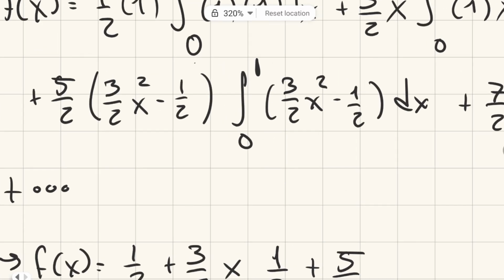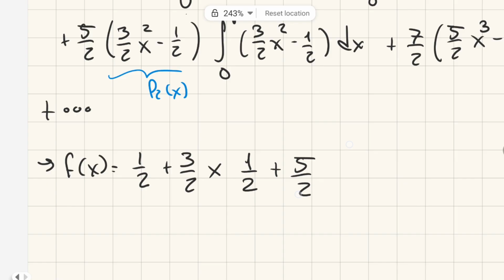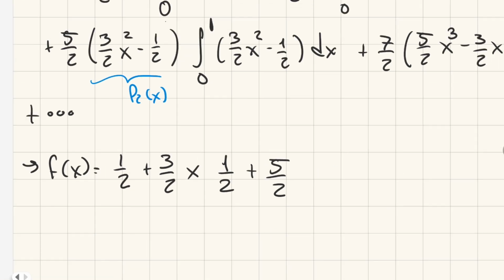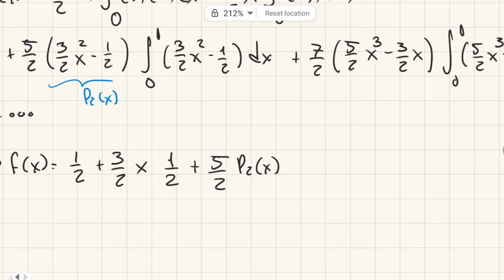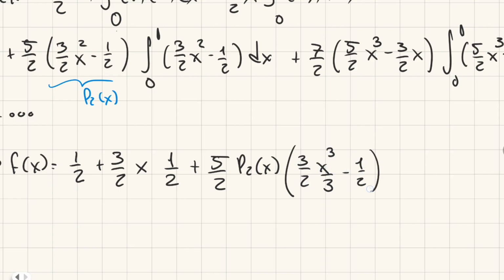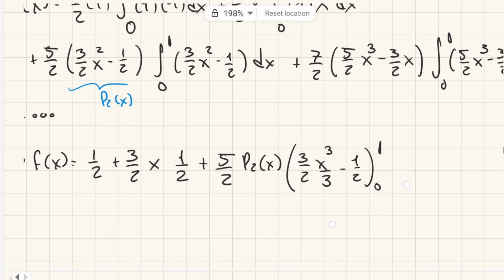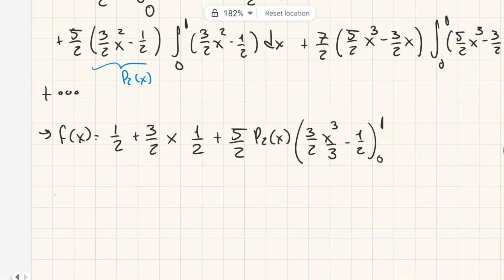And we are going to rewrite this maybe for simplicity as a p sub 2 of x, right? So this 5 over 2 multiplies p sub 2 of x, and then what are we going to get here? It will be 3 divided by 2 x to the third power divided by 3 minus 1 divided by 2 from 0 to 1. Okay, and then we will have plus 7 divided by 2.